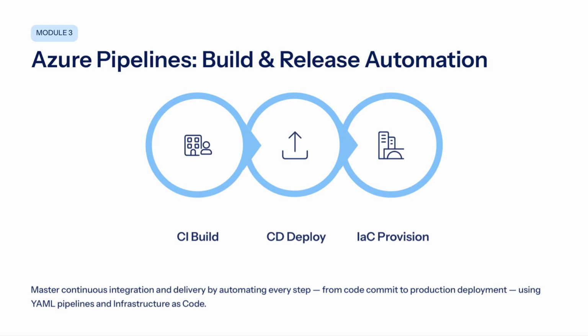These tasks can be performed using different tools and technologies, such as Azure DevOps, Azure Resource Manager, or Terraform. In addition to these tasks, the pipeline can also be used to automate continuous integration and delivery, CD processes. This means that the pipeline can automate every step of the development process, from code commit to production deployment, using YAML pipelines and infrastructure as code.